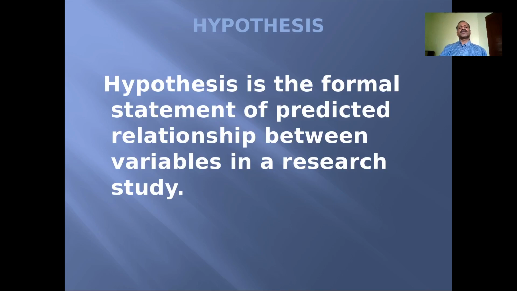That is why we are testing. For example, in a study, we are saying that there is a relationship between height and weight of under 5 children. So that we are predicting.